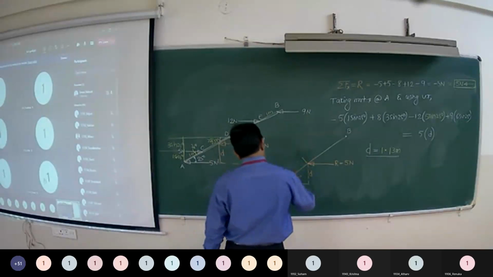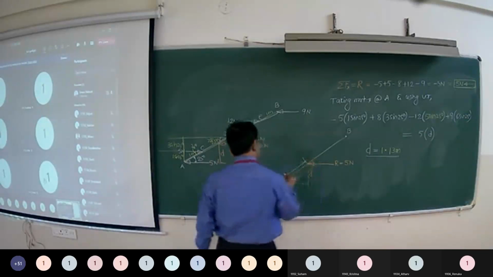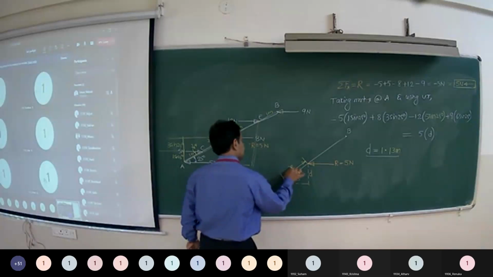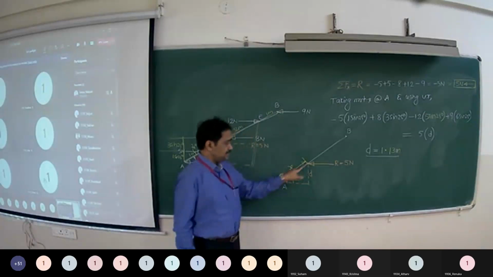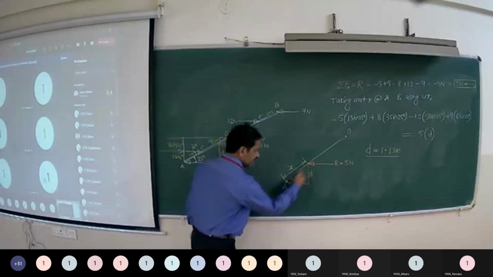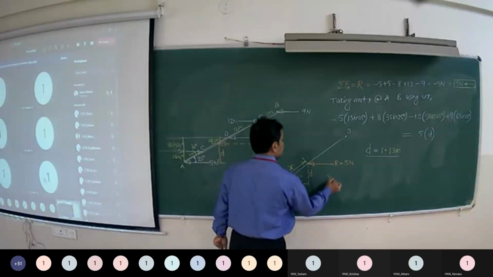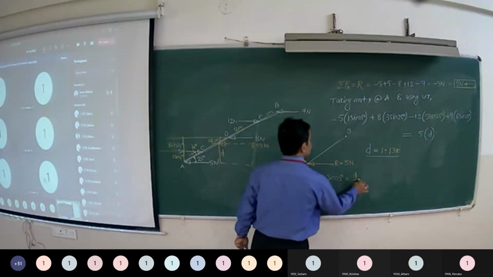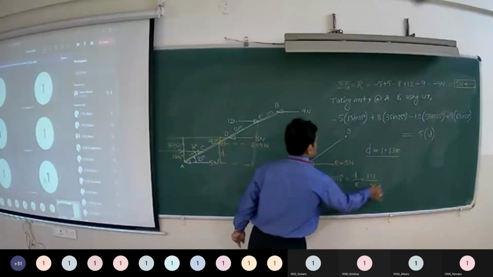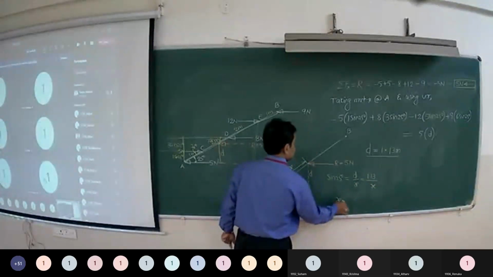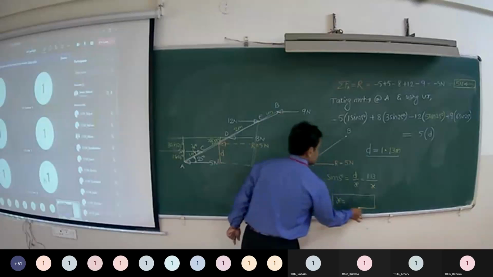That means you have to find out this distance x along AB. So from this right angle triangle, sin 25 is equal to D upon x, 1.13 upon x. That gives you x.